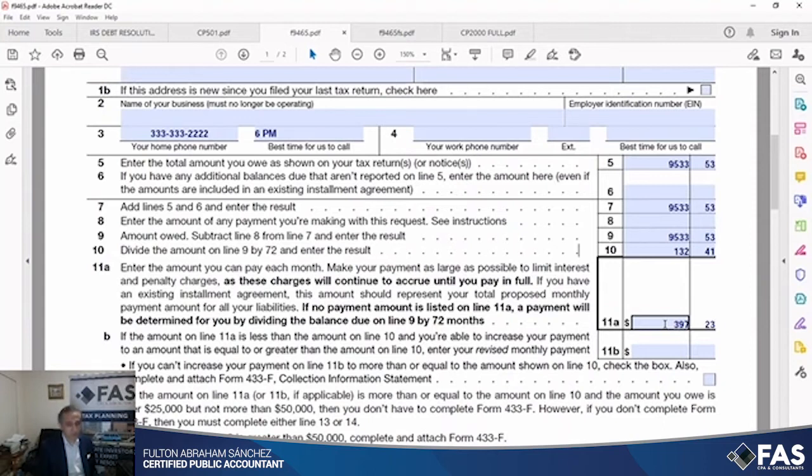Now remember, this is only the net amount. There is no interest calculated or included here. So in addition to the 24 payments that you will make of $397, you will probably have to make another 2 or 3 or 4 additional payments to cover the interest added to the original debt.